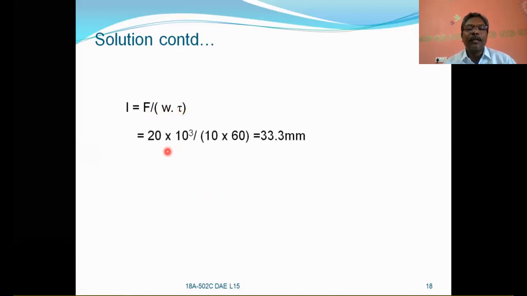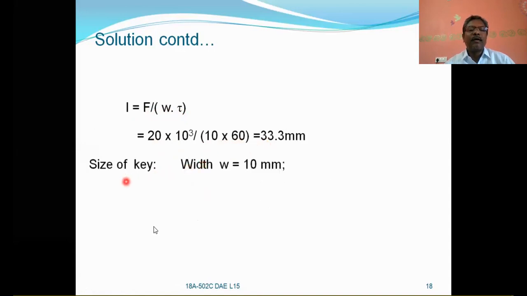Let us substitute the W. You have to determine the length of the key L. F is 20 into 10 to the power of 3 newtons, W is 10 mm, and tau is 60 newtons per millimeter square. After substitution, you are going to get the length of the key, that is 33.3 mm.